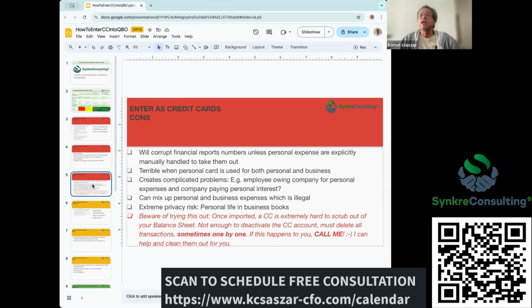These are the pros. Now here are the cons, and I ask everyone to pay attention to these because this is bad stuff. It will corrupt financial record numbers unless personal expenses are explicitly, manually handled to take them out.